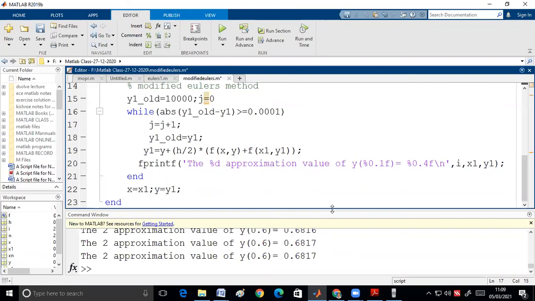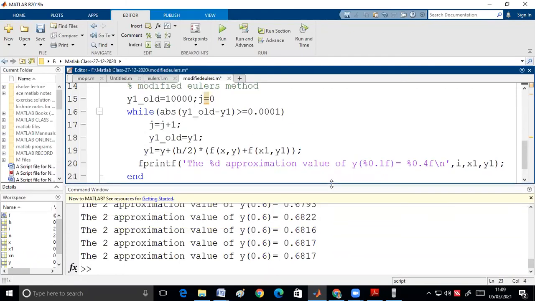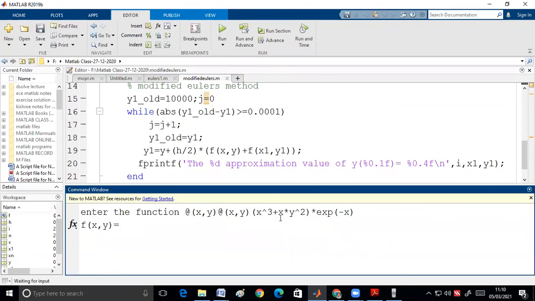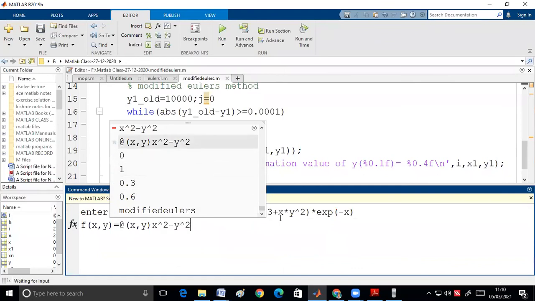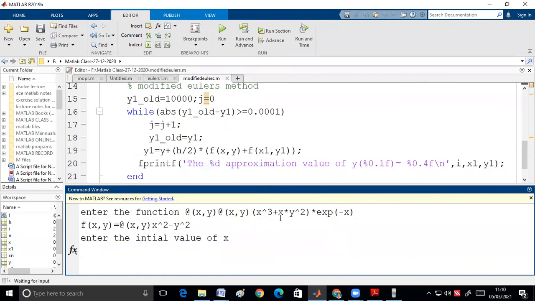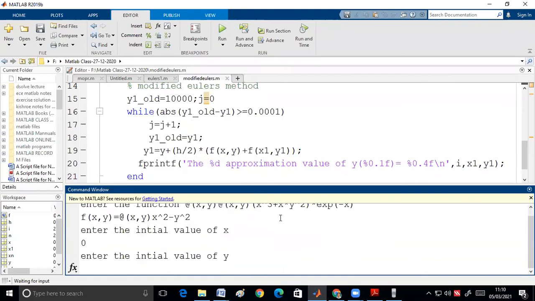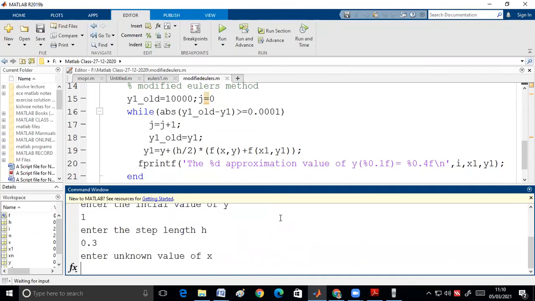Not the i value. The initial value is 0, the final x value is 1, the step length is 0.3, and the unknown value 0.6.